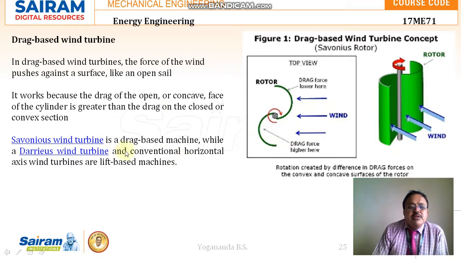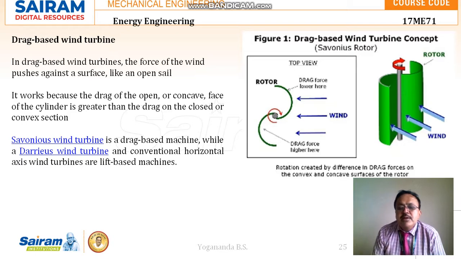So the Savonius wind turbine is a drag-based machine, whereas the vertical axis Darius wind turbine and conventional horizontal axis wind turbines are lift-based machines. Here the rotation is created by the difference in the drag force on the convex and concave surfaces of the rotor.